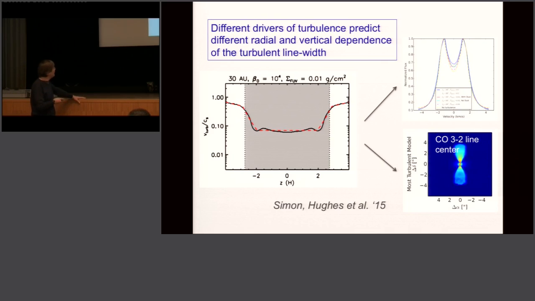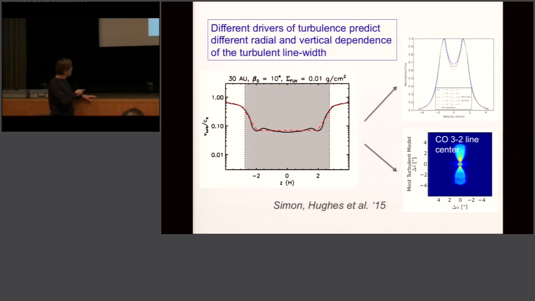And what's found here, fairly generically, is that the turbulence levels are rather low in the midplane, and then they climb towards the disk atmosphere, potentially reaching values that are a reasonable fraction of the sound speed if you're many scale heights away from the midplane.